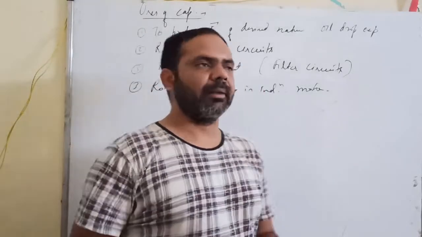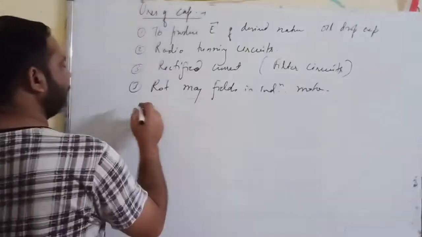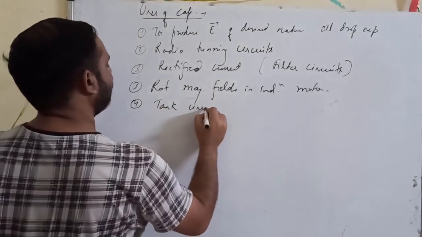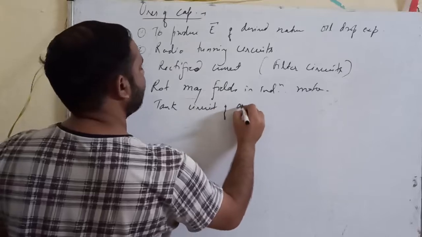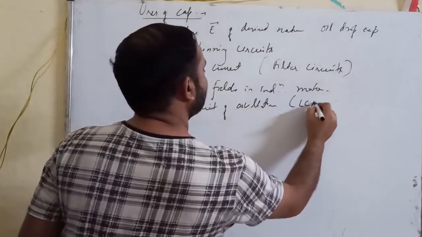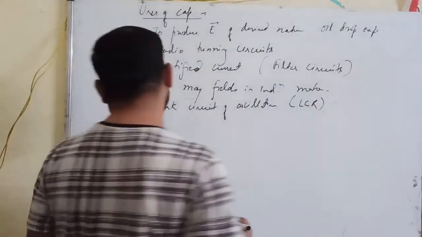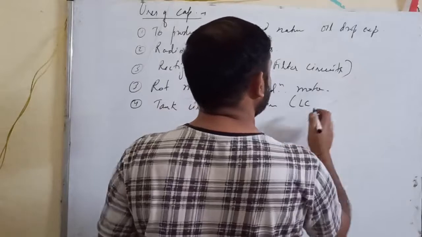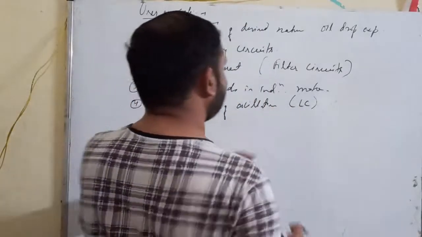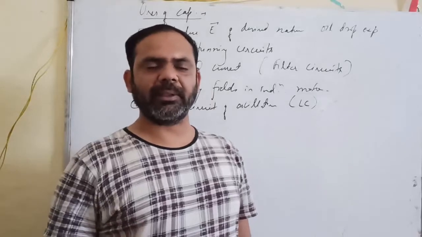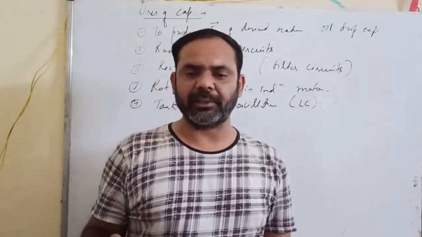Next is in the tank circuit of oscillators, like in the case of an LC oscillator. L is for inductor and C is for capacitor. So we use a capacitor in making LC oscillators.